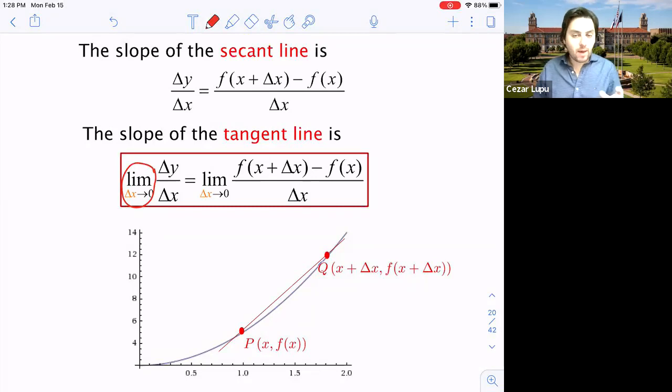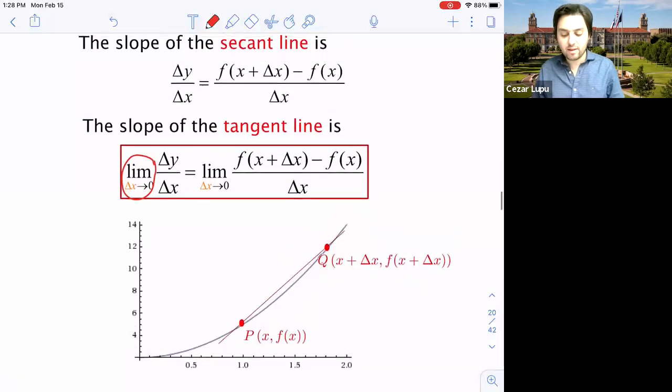And now I would like to see what happens when delta x is small enough. So when delta x is small enough, in other words, when Q approaches P, so they will be very close to each other, this is how we will obtain the slope of the tangent line. And putting everything together, you can say that this is nothing else than just the derivative, basically.